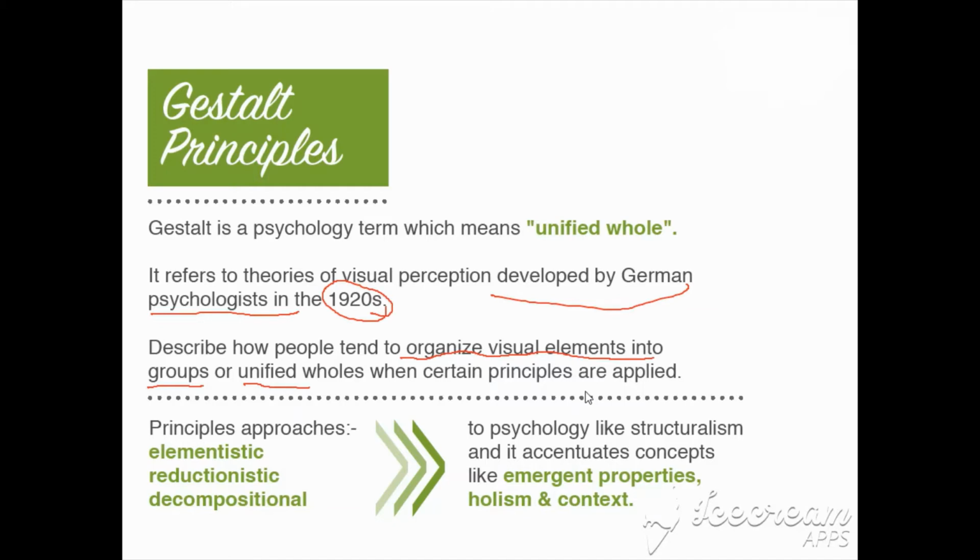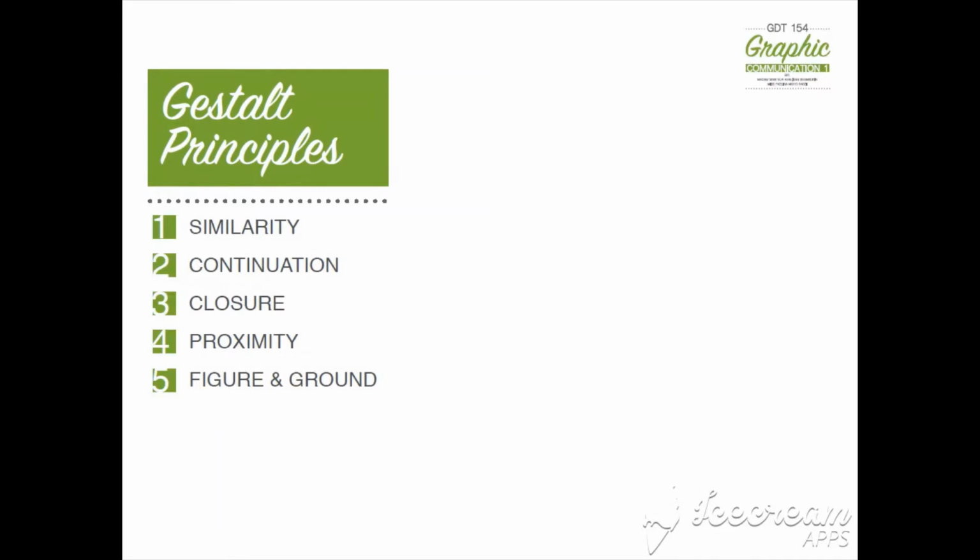So ini adalah Gestalt Principle yang selalunya direlatekan dengan simbol, logo ataupun ikon. Dalam Gestalt Principle ini, dia ada 5, which is similarity, continuation, closure, proximity, figure and ground.